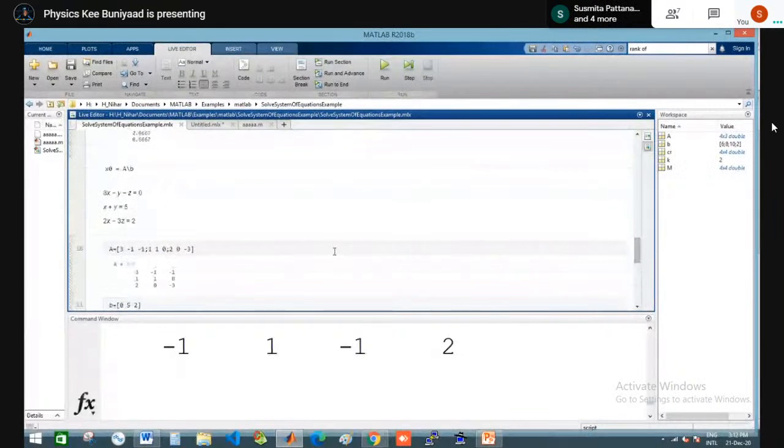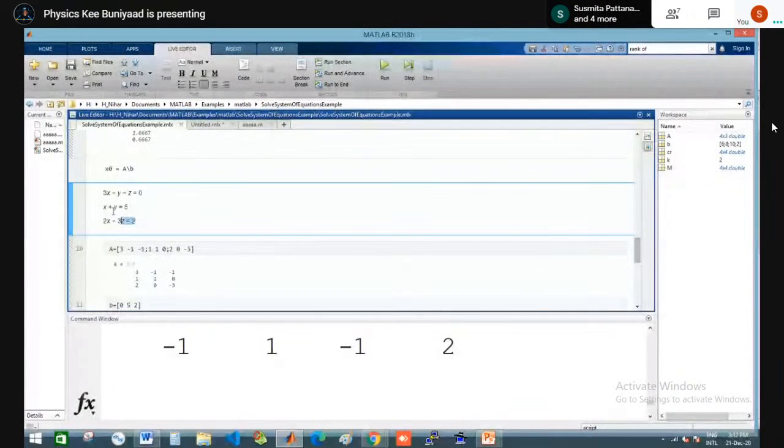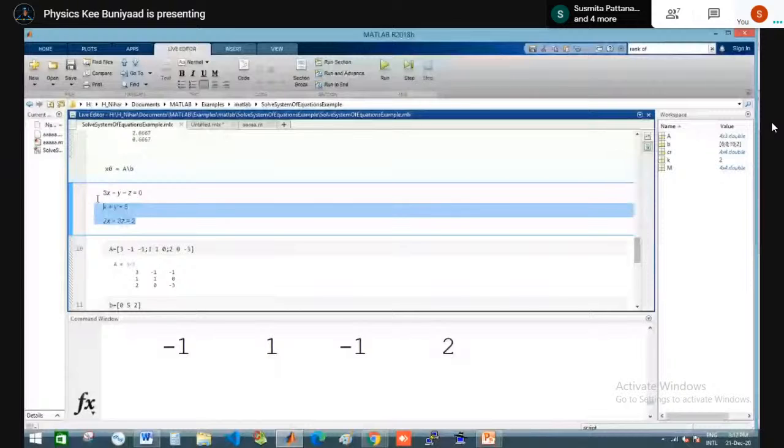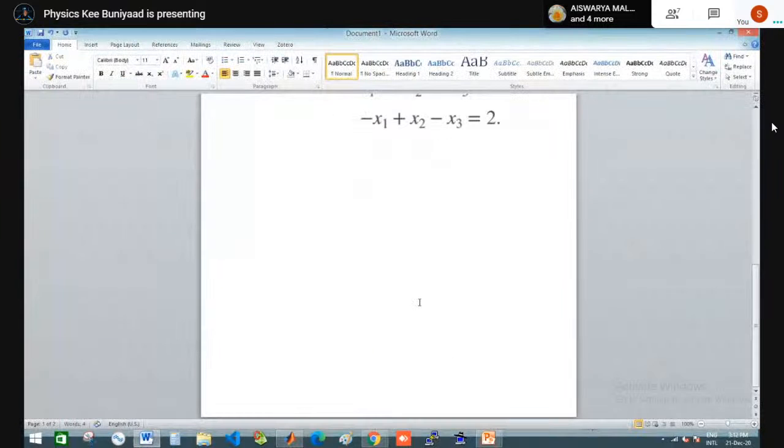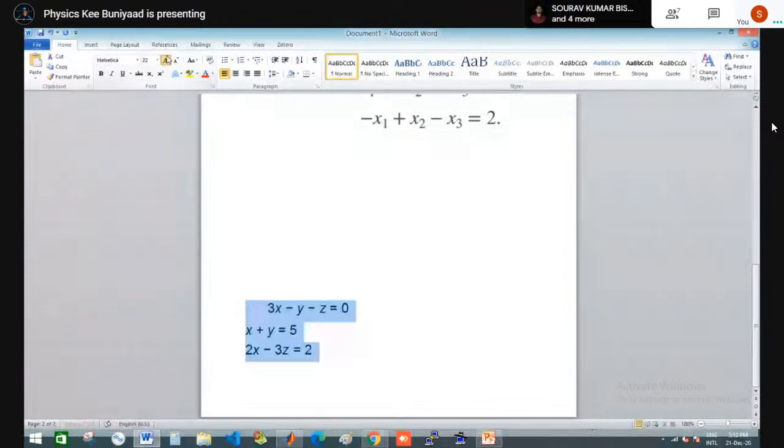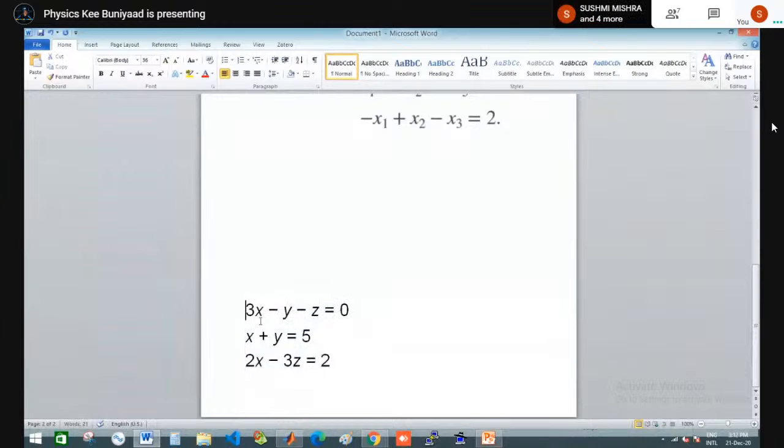So here is another example I want to show you. Suppose I have these 3 equations. These 3 equations contain x, y, z.